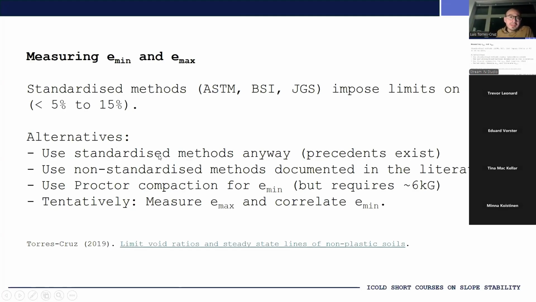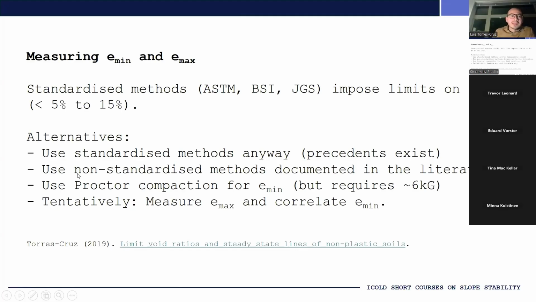And maybe it sounds a bit strange, but it's done. It has been done. There are quite a few precedents in the technical literature where you see that the authors are saying, look, our soil has a fines content greater than 15%, but there's no standard for that. So we're going to use this standard anyway. Okay, so that's one thing you can do.